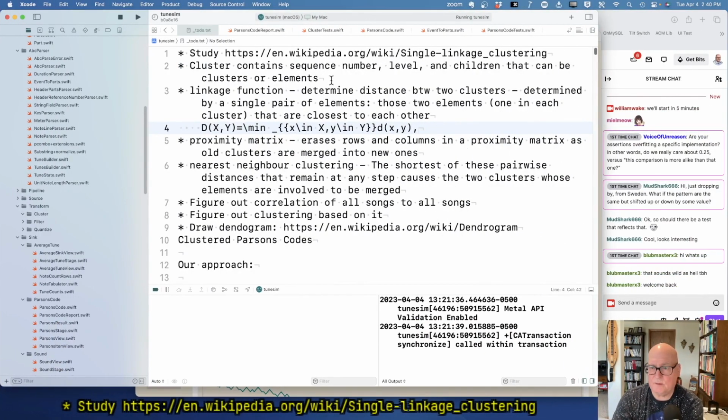All right. So I think given the structure we have, I'm going to try and test drive clusters, linkage functions, proximity matrix, and then this neighboring algorithm that we're going to try and follow, kind of in that order. Usually I try and drive top down, or from a skinny but whole story.